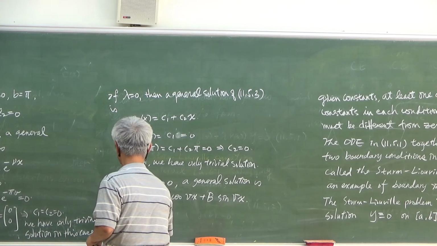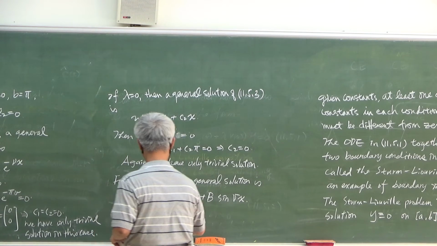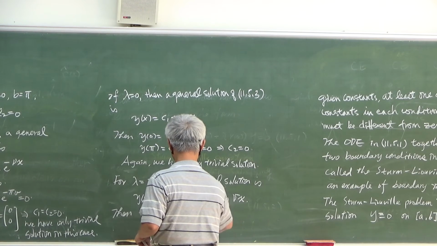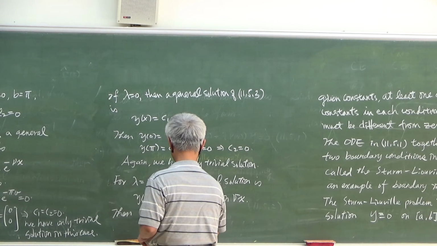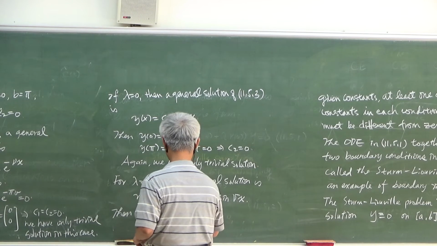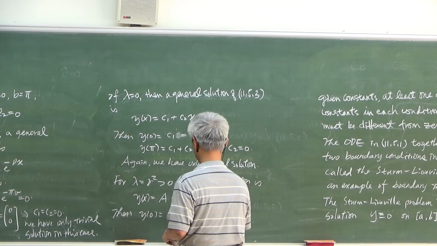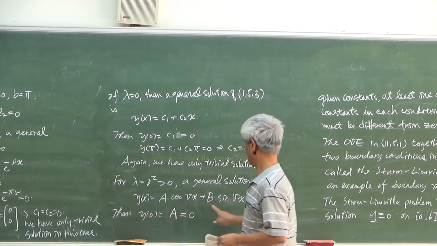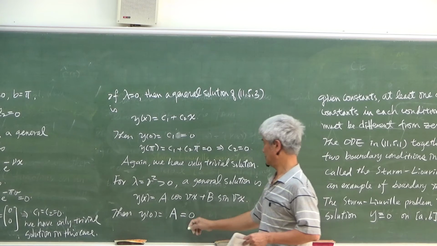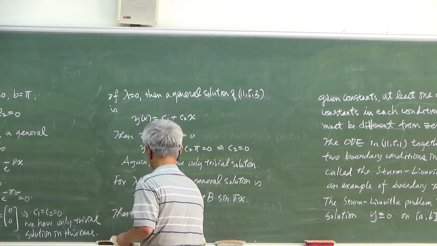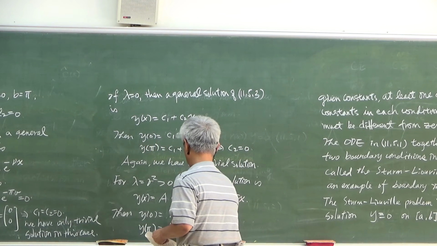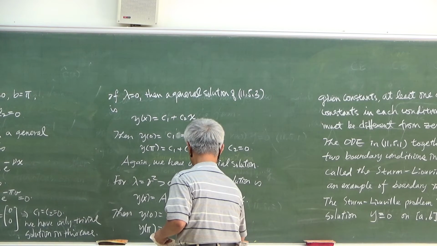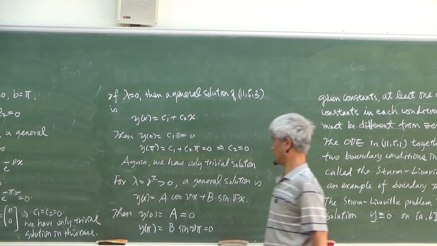And then the two boundary conditions. Because this is 0, A is 0, and y(pi) is B sine mu pi equal to 0.